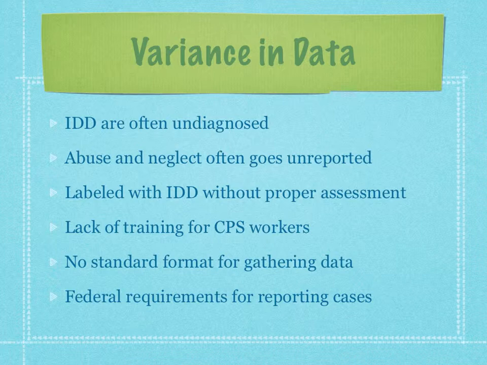Until very recently, there were no federal requirements for reporting cases involving a child with an IDD. The combination of these barriers makes it very difficult for children to be identified as having an intellectual or developmental disability. Also for agencies to report accurate numbers, and for children to receive the appropriate attention and services they deserve within the child welfare system.